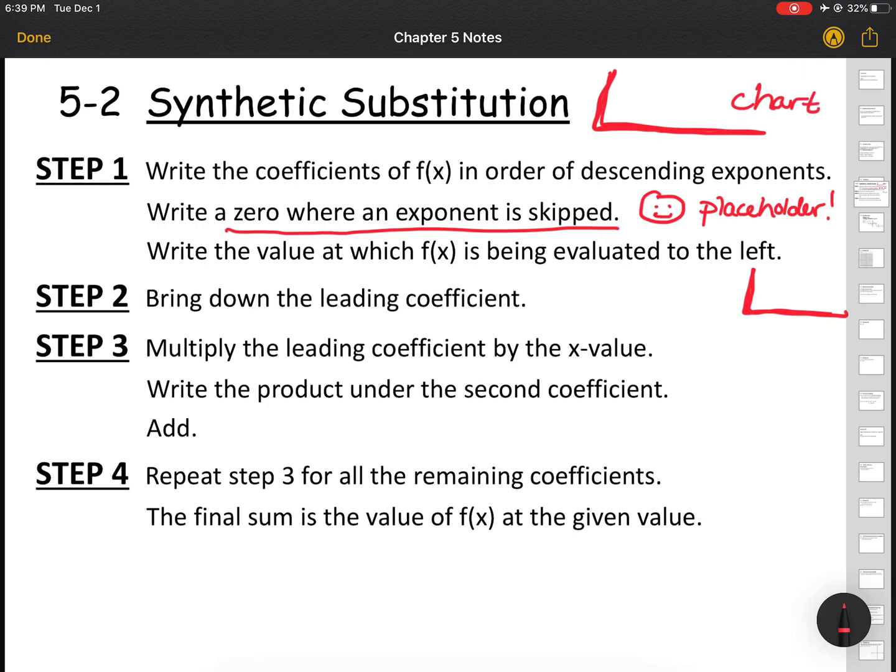Then we're going to multiply that leading coefficient by the x value, and write the product underneath the second coefficient inside the L chart and add them. Then we keep repeating that for the remaining coefficients, and the final sum is the value of f of x at that given value for that polynomial.